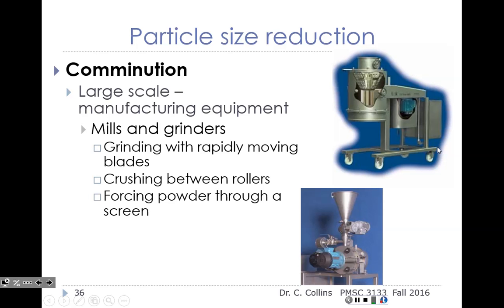And particle size reduction, large scale, mills and grinders would be used for that, where you would have rapidly moving either blades or rollers or some combination thereof to try to decrease the particle size. You can make them so small, but again, you can make them too small.